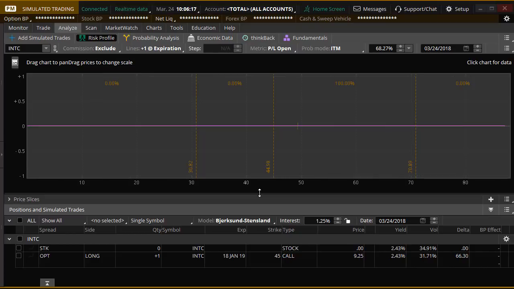Now, what would be a reason for taking a fig leaf? Long-term directional assumption is what you want to have here.